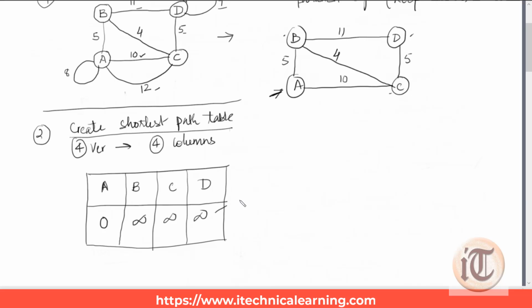Okay, this infinity denotes the unexplored vertices. What is the meaning of unexplored vertices? It means these vertices have still not been explored. So we are at starting node A and we have not explored B, C and D. So that's why we are denoting them by infinity.